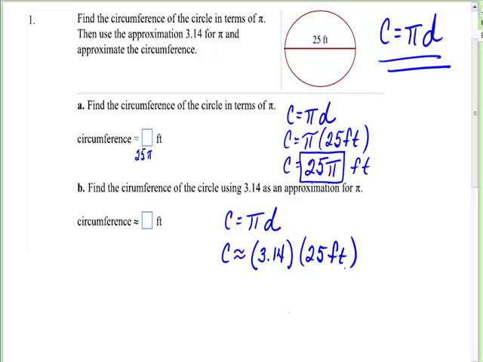So this time I have some multiplication to do. 3.14 times 25. The circumference is approximately 78.5 feet. So you will put in 78.5. This one is exact in terms of pi, and this one is approximate where you've used 3.14 instead of pi. Each of your problems you're going to do twice.